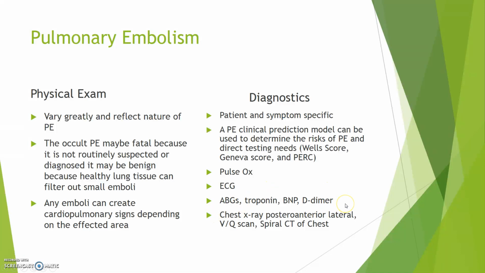When you start talking about ABGs, troponin levels to rule out cardiac reason, BMPs and D-dimers, chest x-rays, posterior, anterior, lateral, and a VQ scan or spiral CT of the chest, you're really talking about diagnostics that are going to occur at the hospital. Most primary care doesn't have that capacity, but we certainly do on those top few.